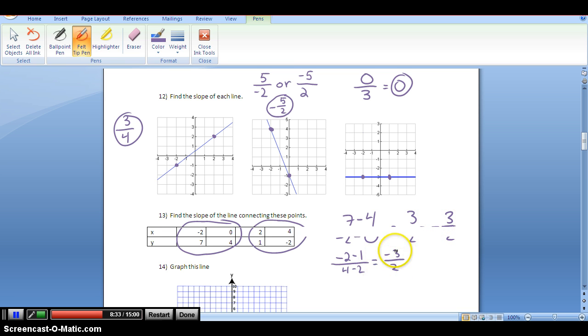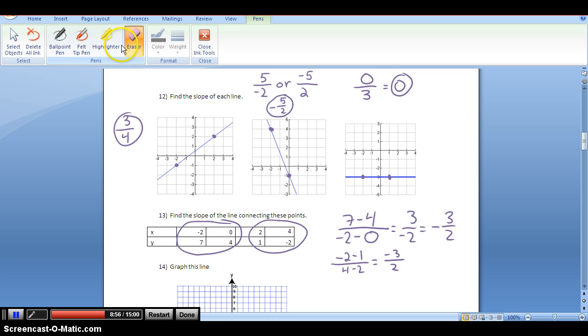But in any case, the slope here is the same no matter which 2 points we use. And I may have actually even gone from a different direction. Some of you might have done 1 minus a -2 and 2 minus a -4. You're still going to come up with the same answer. I'll do that quickly. Got it right there.